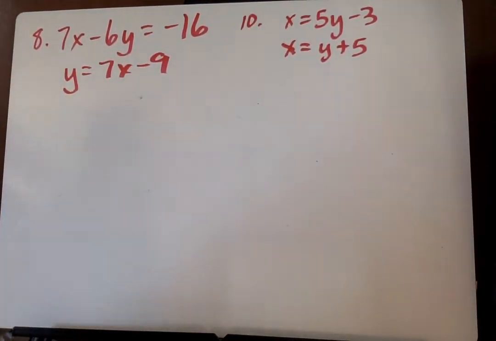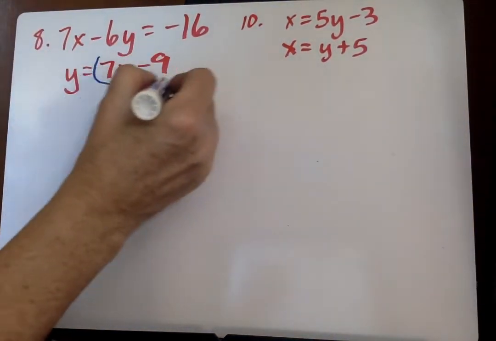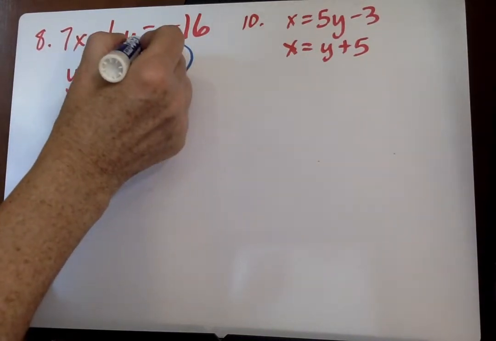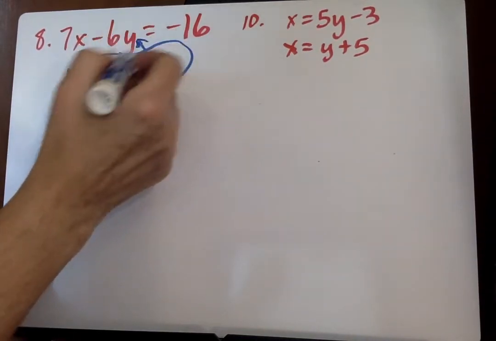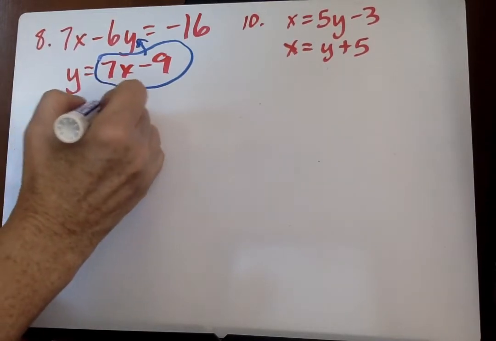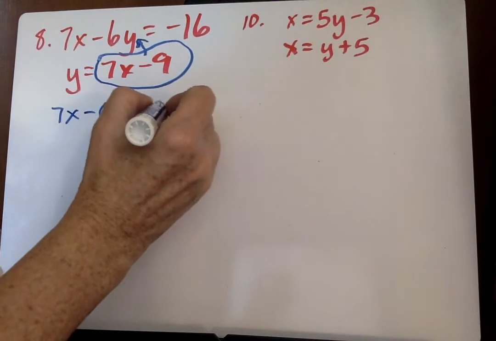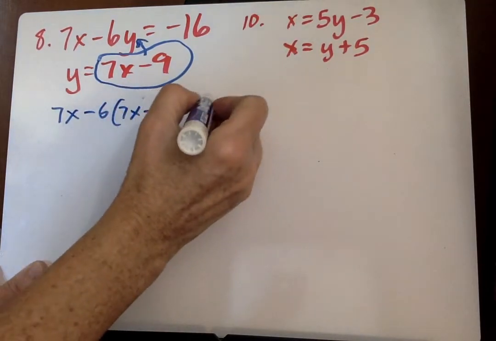This y is isolated or by itself. So we're going to take this whole thing and substitute it in for that specific y. So we say 7x minus 6, parentheses, 7x minus 9, equals negative 16.